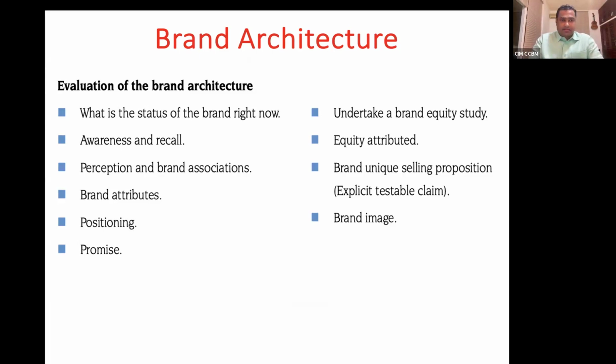Can you recall this brand? The perception and the brand associations. What does this brand stand for? I'm going to show you some examples in the next few slides on brand perception, brand attributes, brand positioning, the brand promise. We discussed that before.